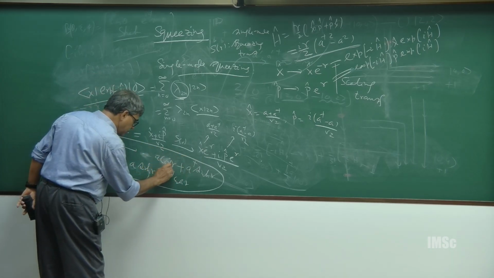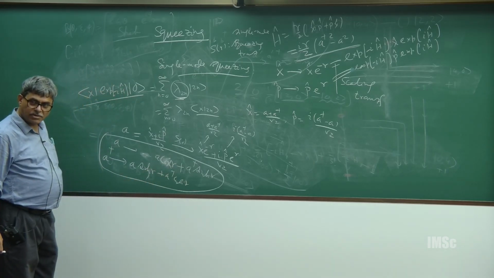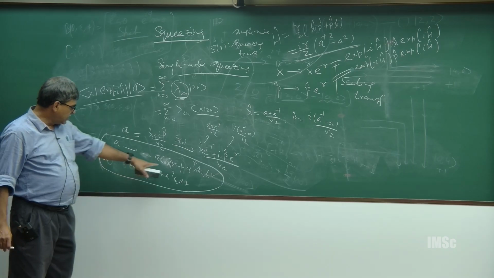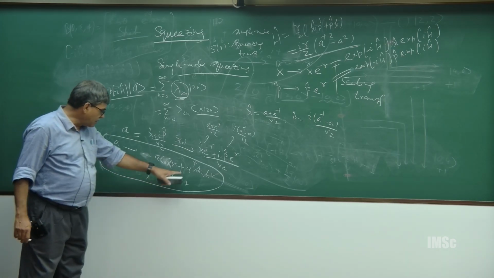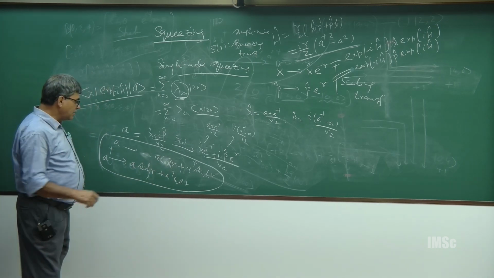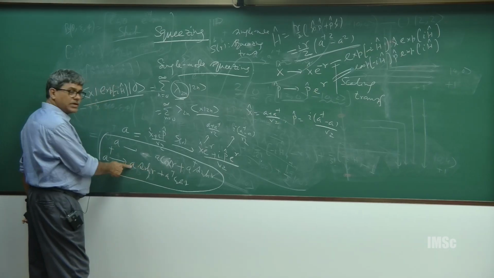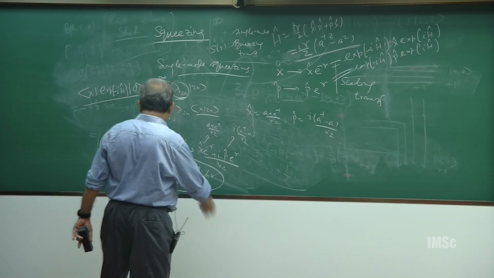The only difference should be in the sign, whether it is plus or minus, but a should come with cosh in the first one. Yes, that's right. Whether it is plus or minus, we have to check. If it is minus here, it should be minus also here. Anyway, that you can check.